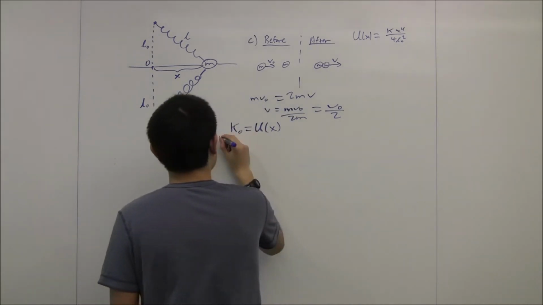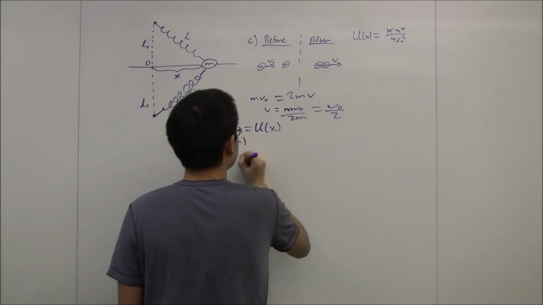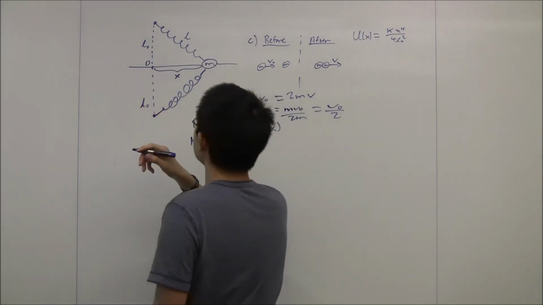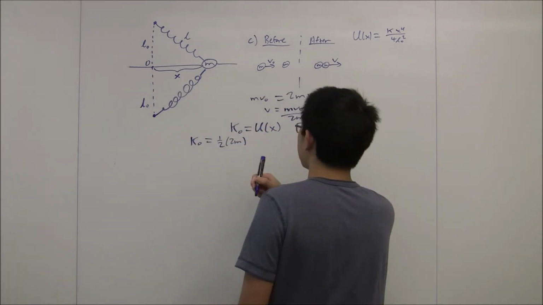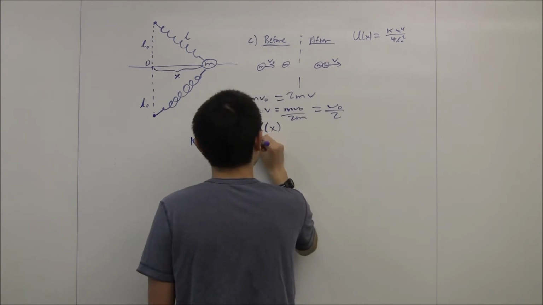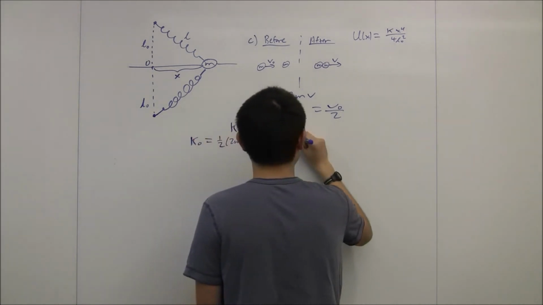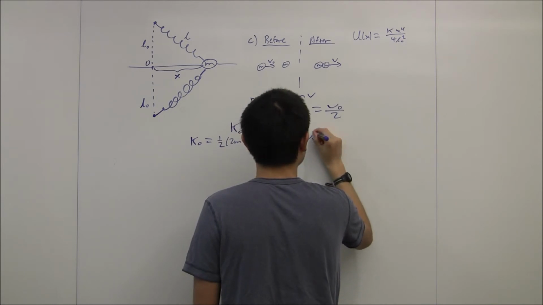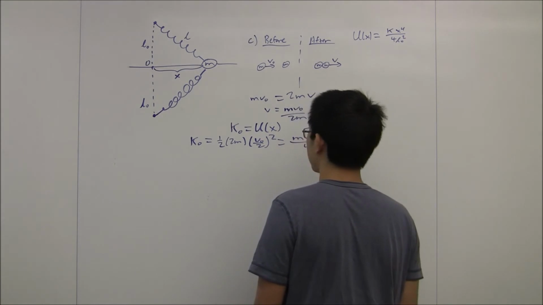Well, K0 is just going to be half of the total mass of our system, which is 2m, times the initial speed of our system at x equals 0. So that's going to be given by v, which is v0 over 2, squared. Simplifying, we get that the kinetic energy at x equals 0 is mv0 squared over 4.